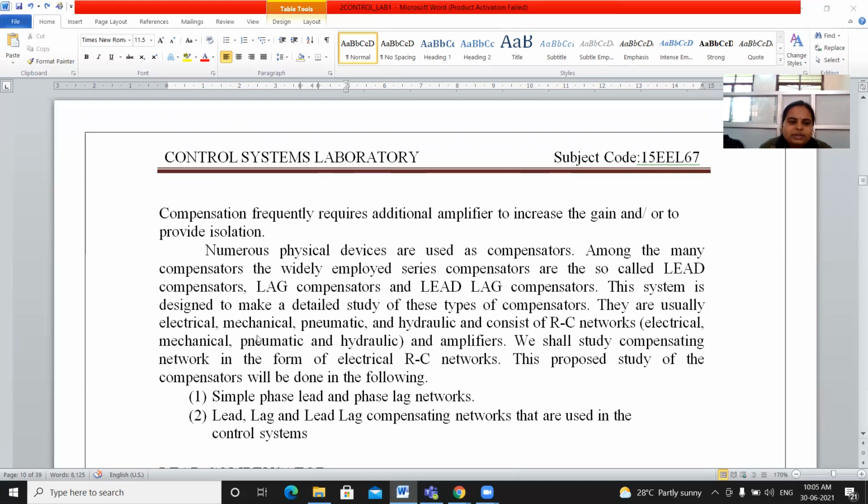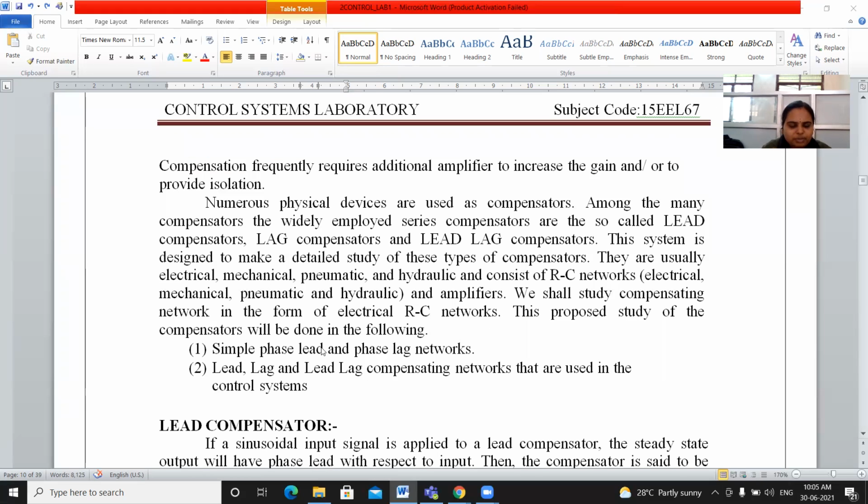They are usually electrical, mechanical, pneumatic and hydraulic, and these all consist of RC networks and amplifiers. We are going to propose a compensating network in the form of electrical RC networks. The proposed study of the compensators is as follows: first, simple phase lead and phase lag networks, then lead lag compensating networks that are going to be used in our control system.